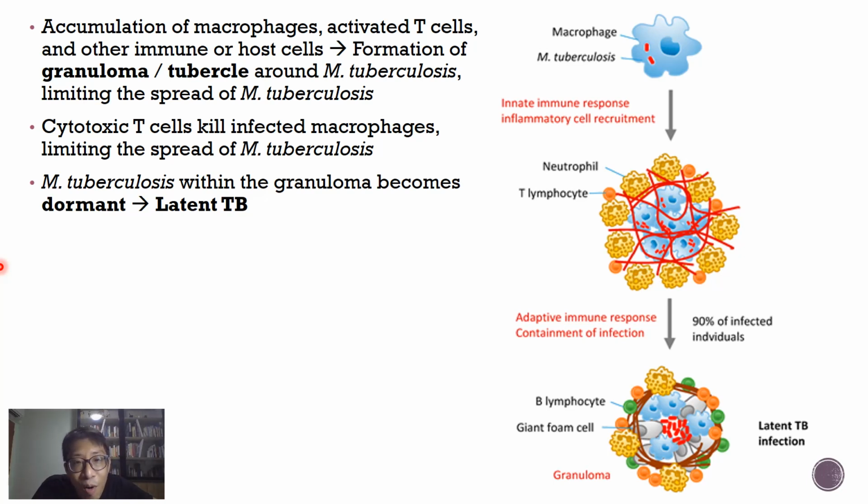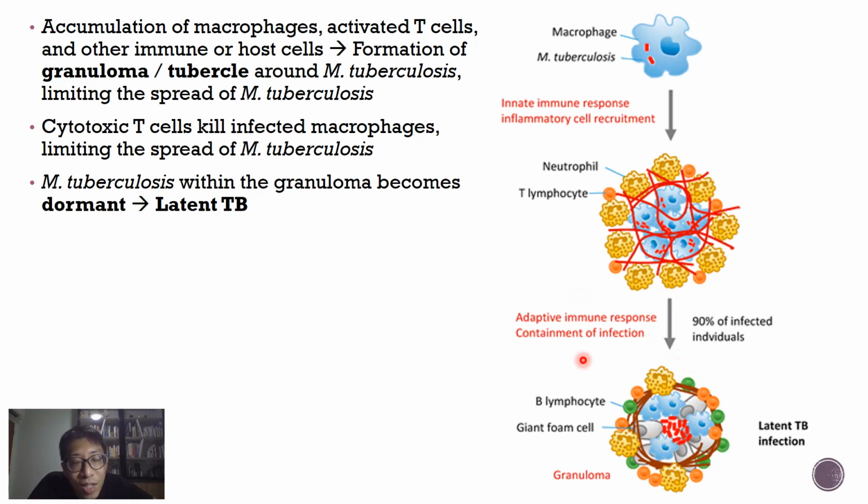They will be able to form a structure called a granuloma or tubercle, which is kind of shown here, and a more mature one here. This is showing one layer. It should be layers upon layers of immune cells that are surrounding the infected macrophages as well as the released bacteria.